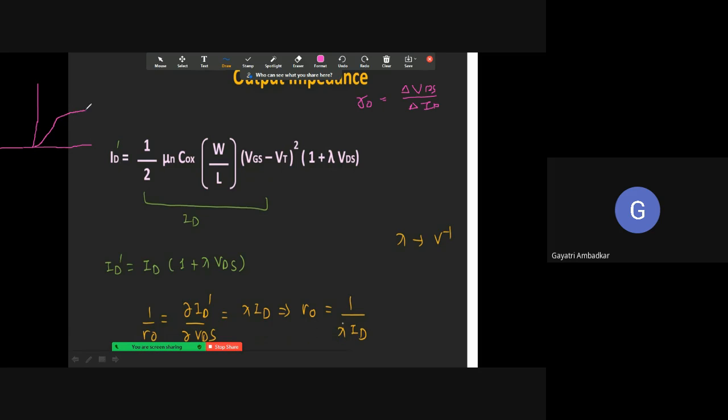So ID is not exactly horizontal, but it has slope. If you extend this slope in this direction, there is a point where it touches VDS equal to 0. I will call this voltage VA.